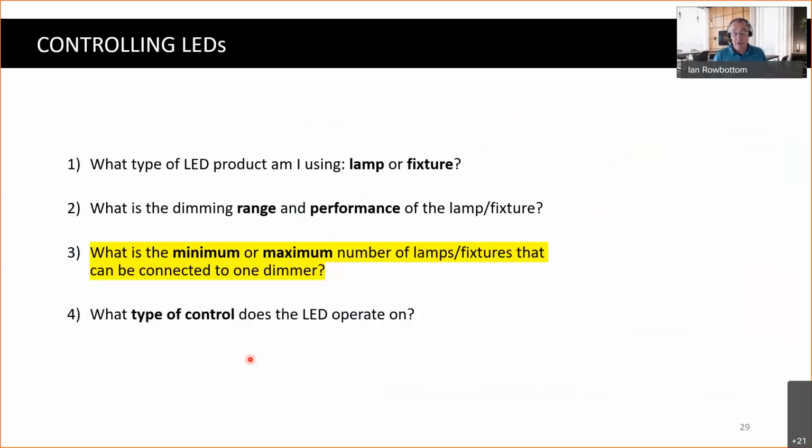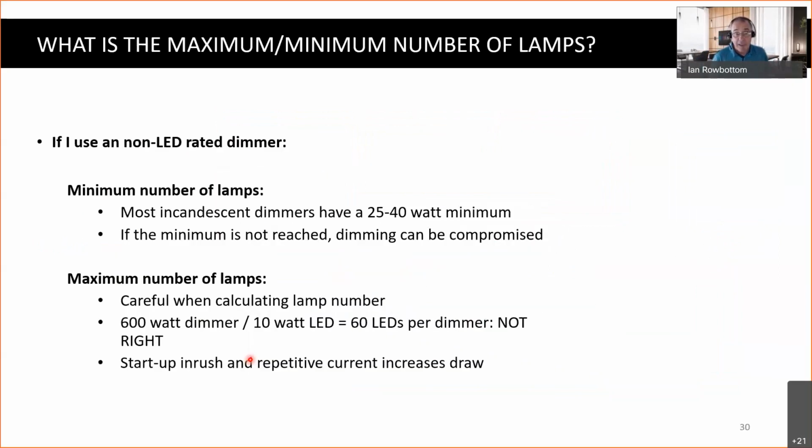There is also another question to ask. What's the minimum or maximum number of lamps or fixtures that can be connected to one dimmer? The old dimmers were rated for incandescent light sources, and they have what's called a minimum load of 25 to 40 watts.